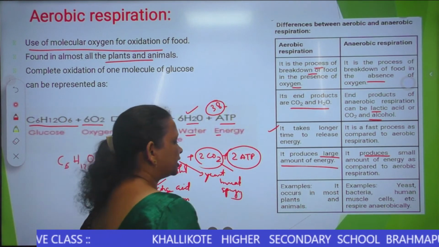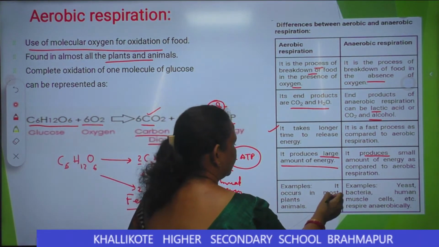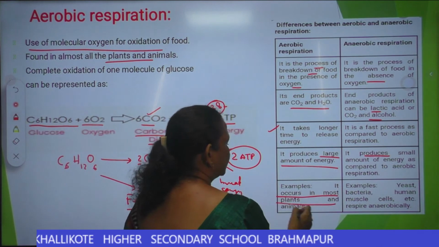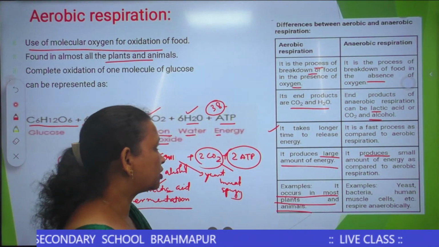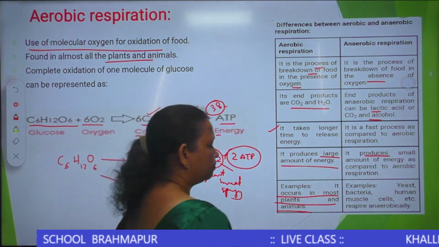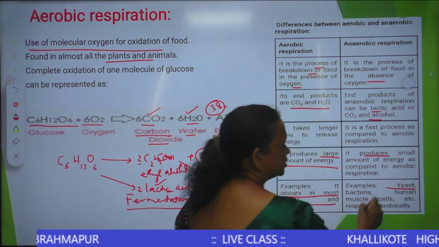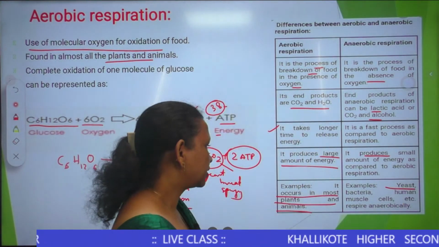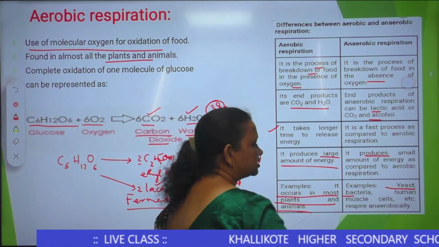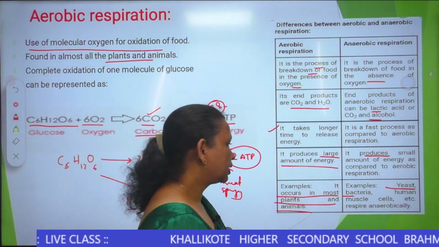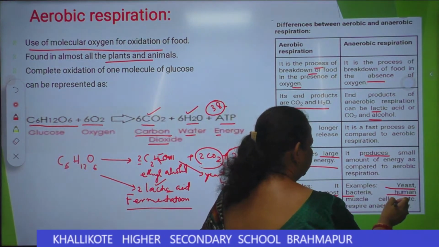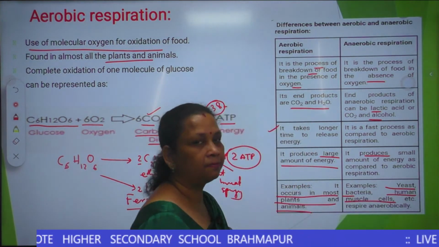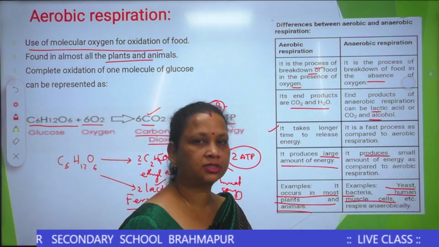So, where does aerobic respiration occur? In almost all plants as well as animals. Where does anaerobic respiration occur? Mainly in species of Saccharomyces or yeast. In case of bacteria, some anaerobic bacteria like the methanogenic bacteria, and in the human muscle cell during muscle fatigue.